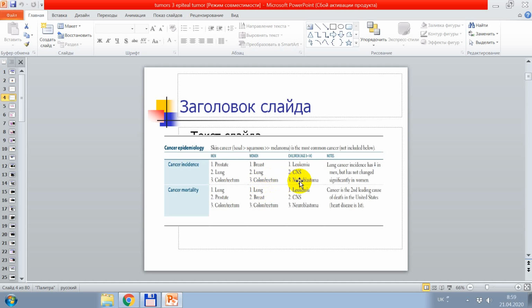In children, as a rule, first place leukemia, second CNS, and third neuroblastoma. Lung cancer incidence has decreased in men, but has not changed significantly in women. And cancer mortality is also presented in this scheme.